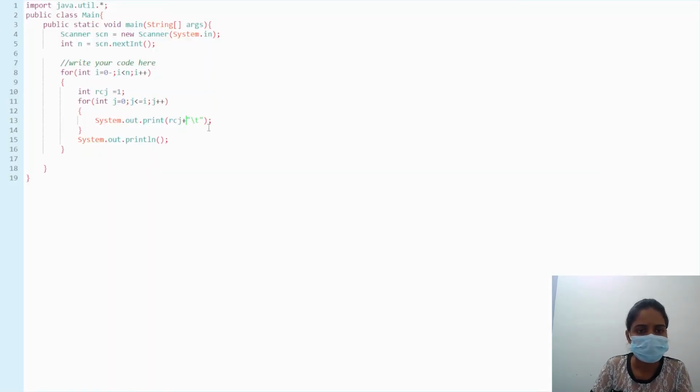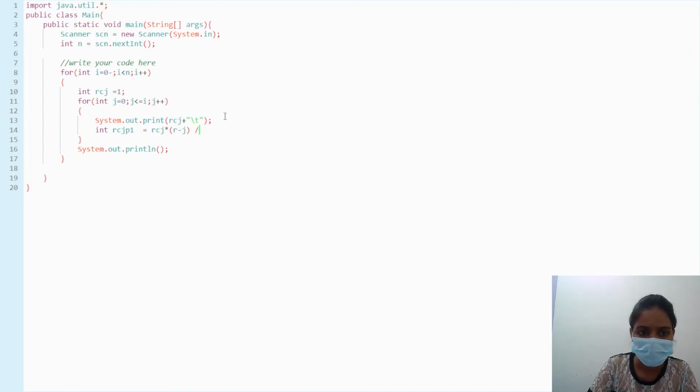So after printing this RCJ, I have to calculate RCJ plus 1 equals RCJ multiplied by (R minus J) divided by (J plus 1).